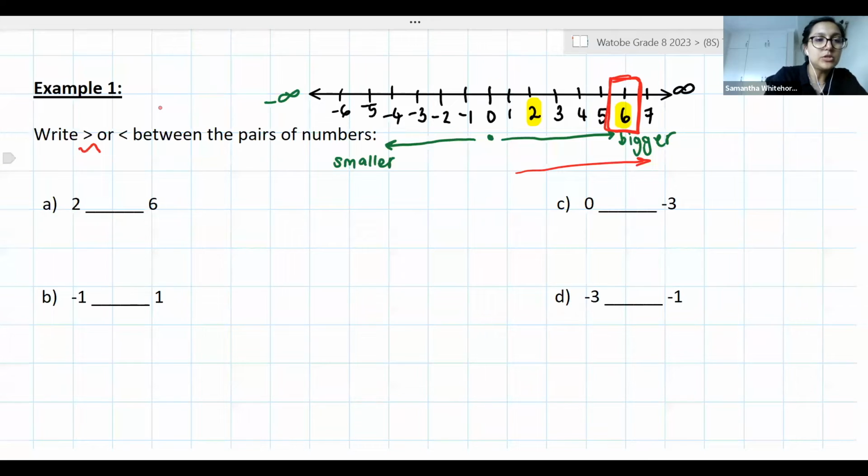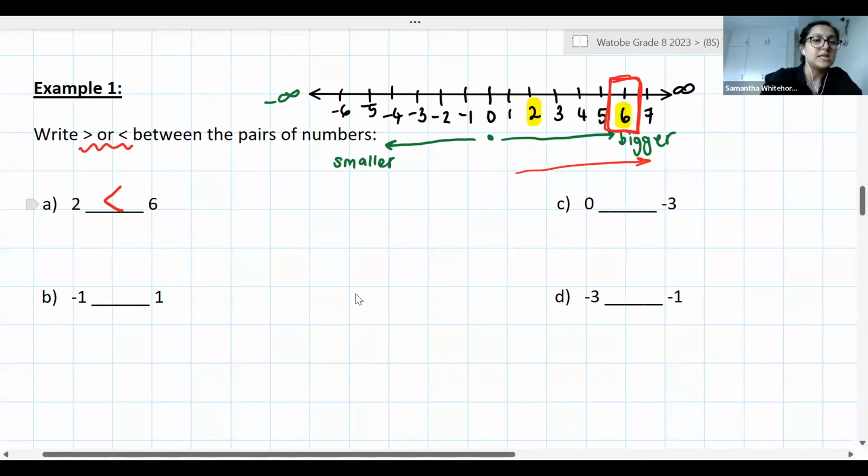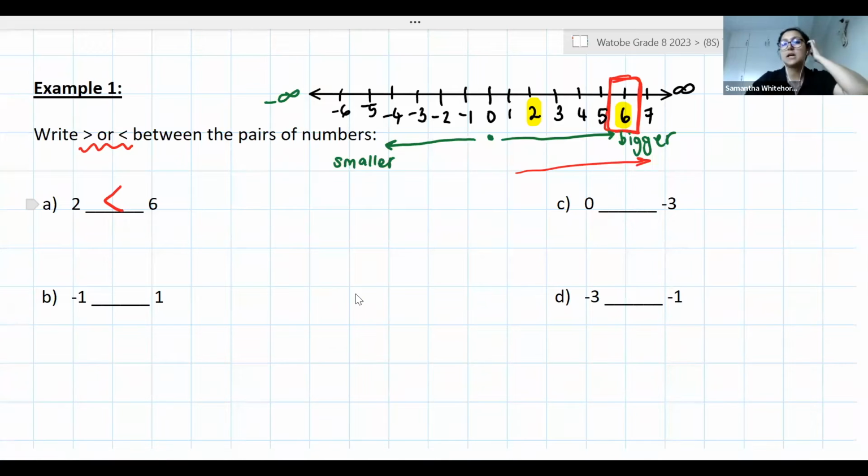Now, we always use these crocodile mouths, what we call inequality signs, when we want to say that something is bigger than another. The crocodile always wants to eat the bigger number. Just think of it like it always wants more food. So this crocodile mouth needs to eat the 6, and we can fill in our sign to show that 6 is bigger than 2.